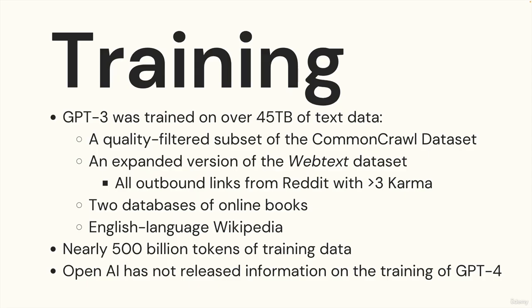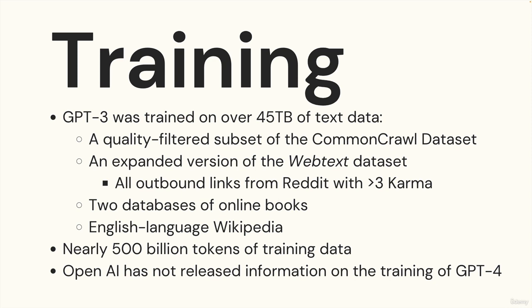The last thing I'll talk about is some of the training data that GPT-3 was trained on. Now, I wish I could tell you about the data GPT-4 was trained on, but OpenAI has not released that yet. So all we have is the data GPT-3 was trained on, which was a huge, huge amount of text data, over 45 terabytes of text, and it includes a subset of what's called the Common Crawl dataset.